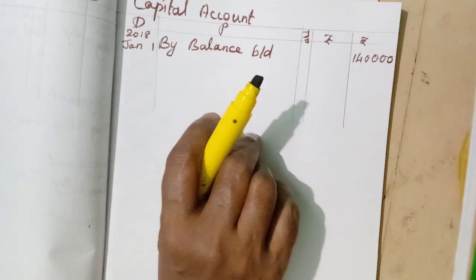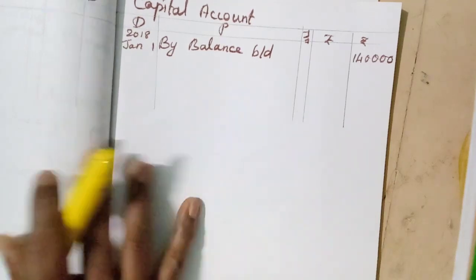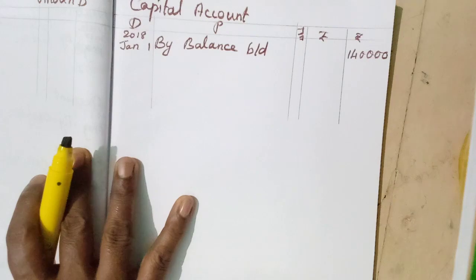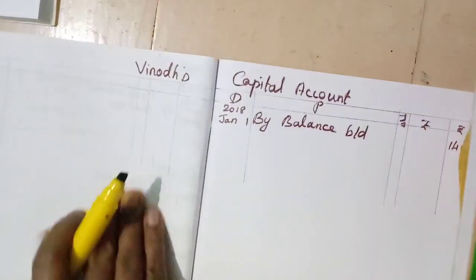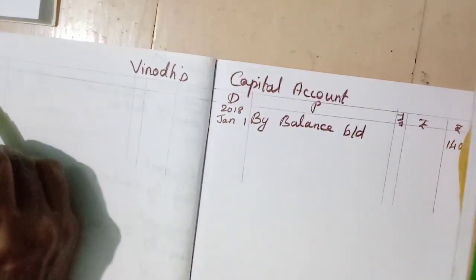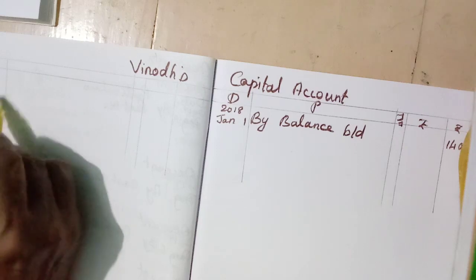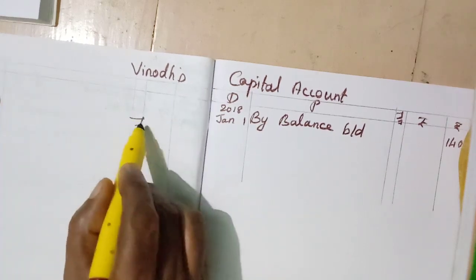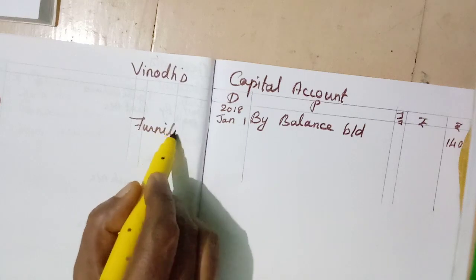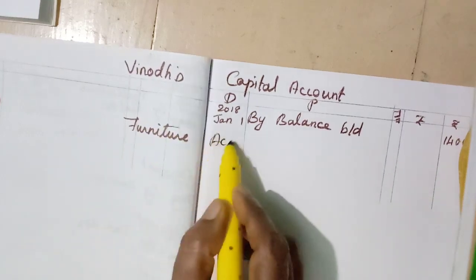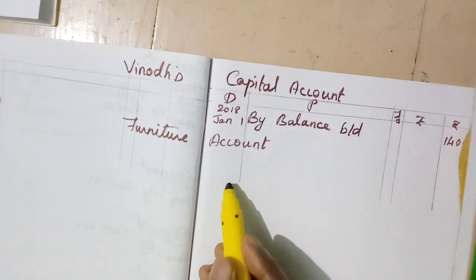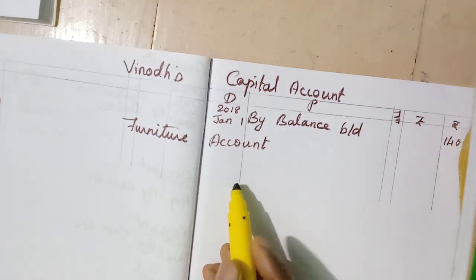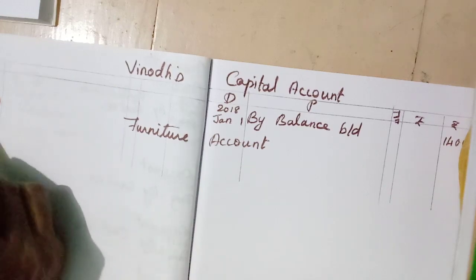Now, I think next problem alone we can do. Prepare furniture account from the following transactions. So, furniture account, number 4. Furniture account. So, what is the date? 2016, January 1. Going to write everything.